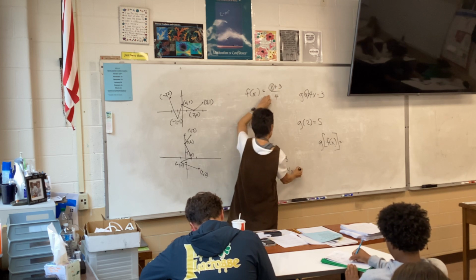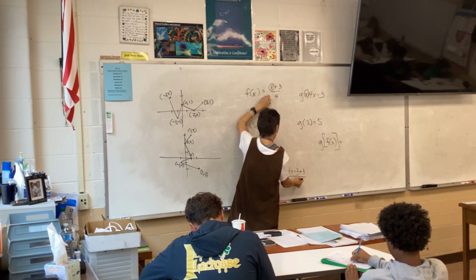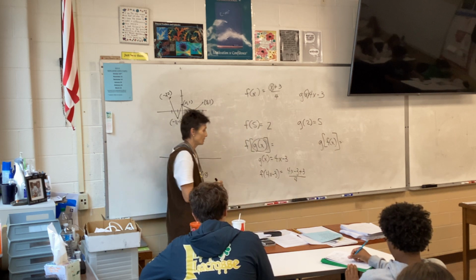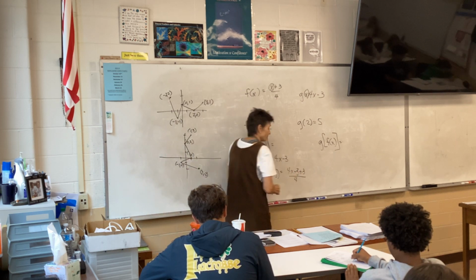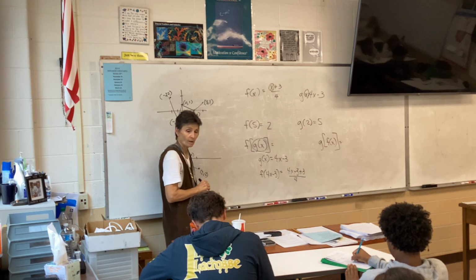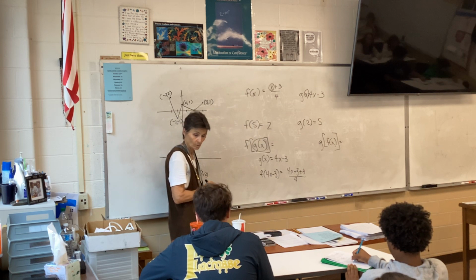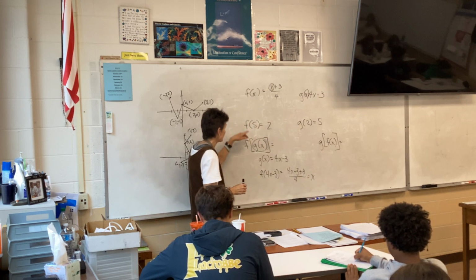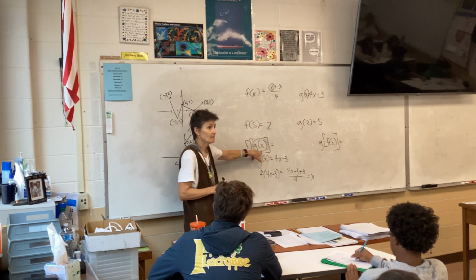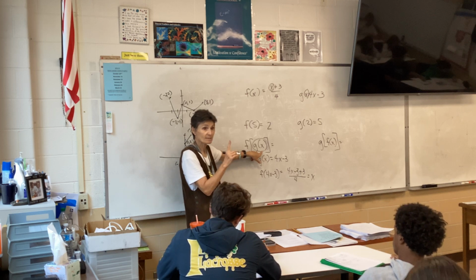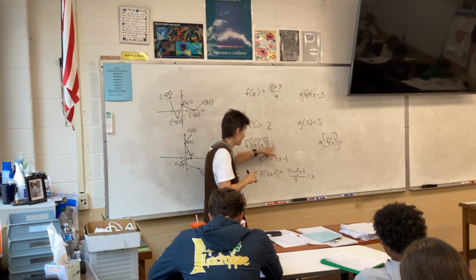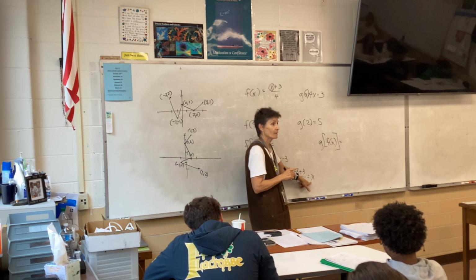So (4x minus 3 plus 3) over 4. What does that end up equaling? The 3's cancel, right? And they end up with 4x over 4, which is x. Now I want you to keep in mind what you started with. In the beginning, didn't we start with an x? We changed it into something, and then we changed it back to an x.